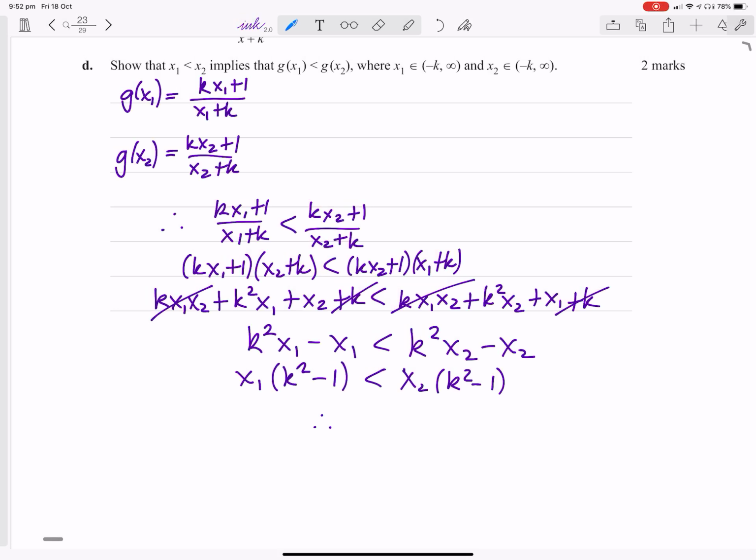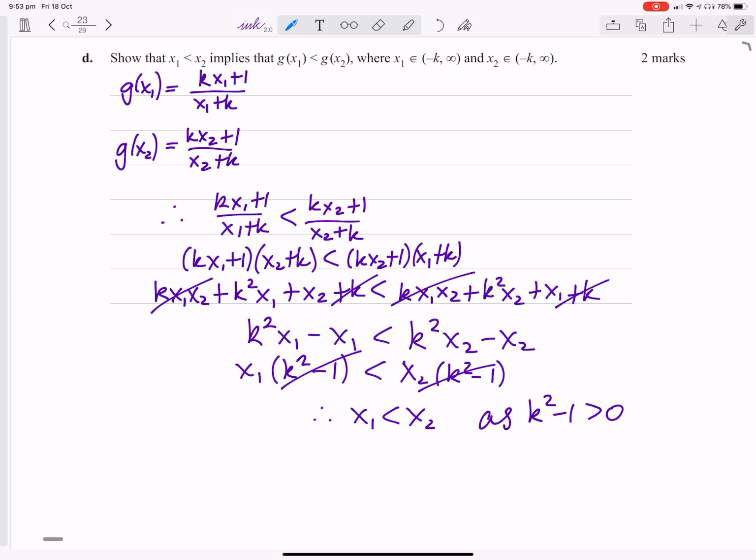Therefore, x1 is always less than x2, as k squared minus 1 is always positive. If k was to equal a value less than 1 and you put that in, that would flip it around.